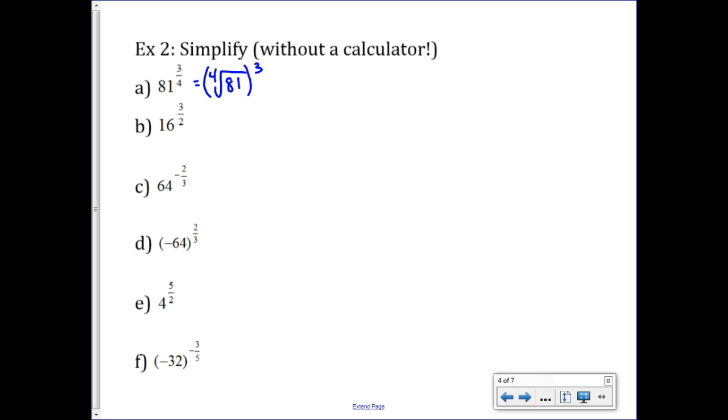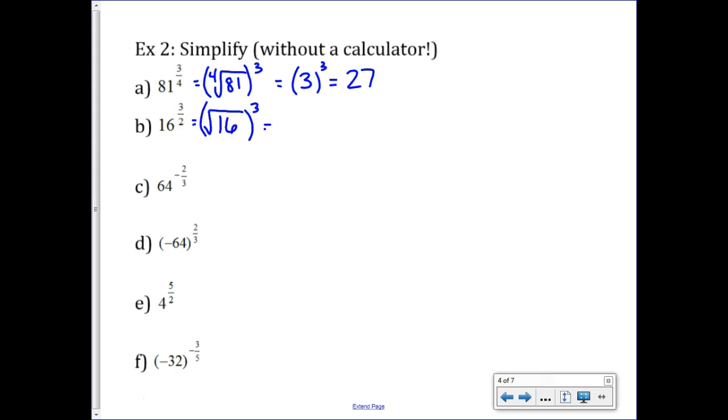Well, 3 times 3 times 3 times 3, or 3 to the 4th, would give me 81. So now I have 3 as the 4th root of 81, still to the 3rd power, and 3 to the 3rd is 27.